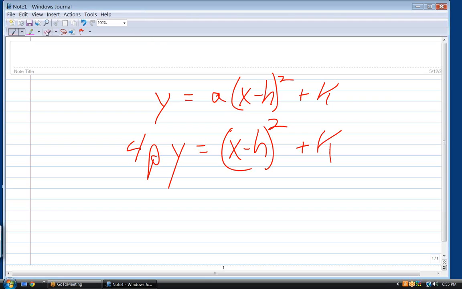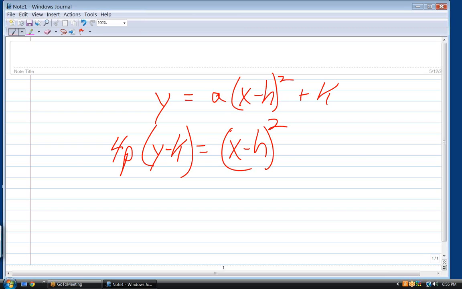In fact, they use this formula. Right? Is this what your book uses? Yeah. Okay.